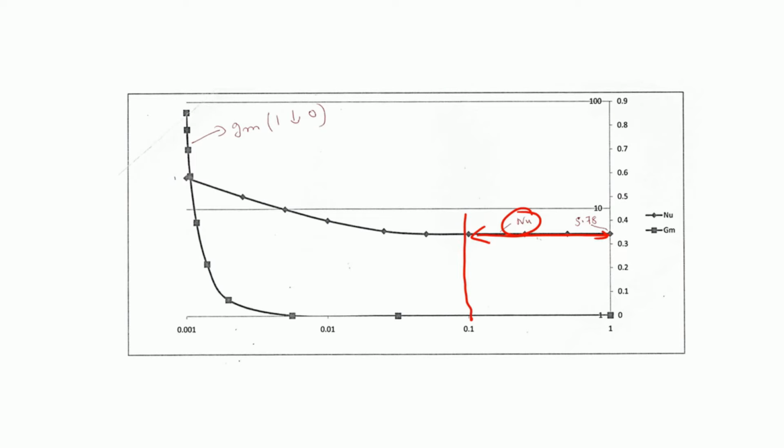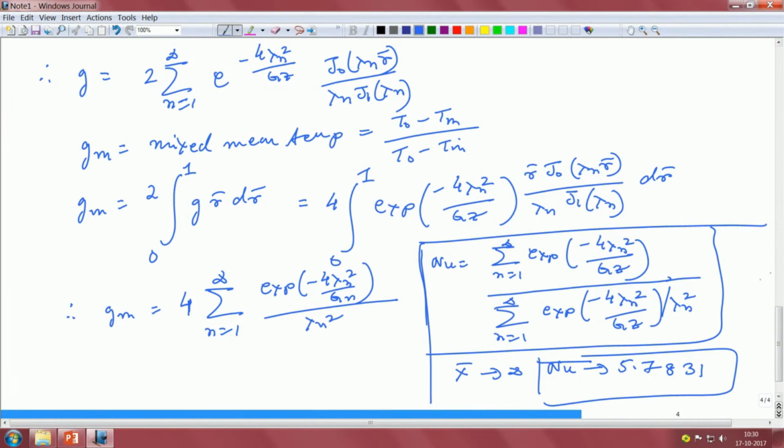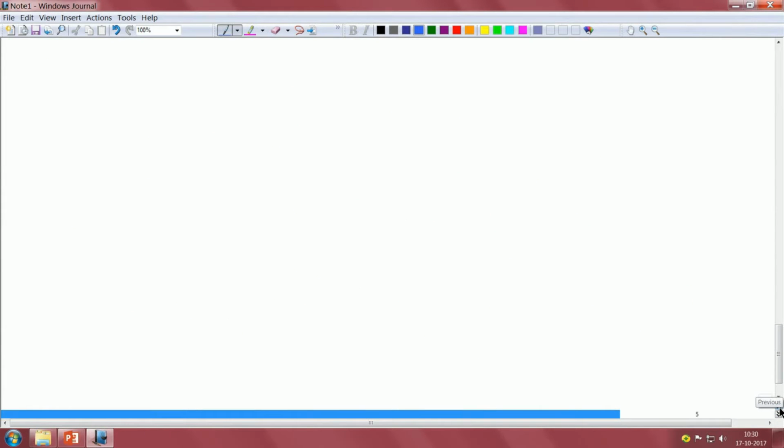The only caveat in this particular case is that u is equal to capital U. So that is interesting. You should note the difference between this and the corresponding situation where the velocity profile was not like this.